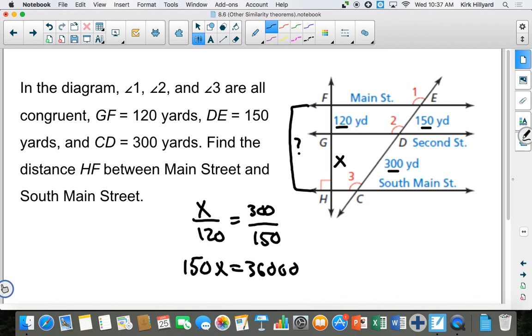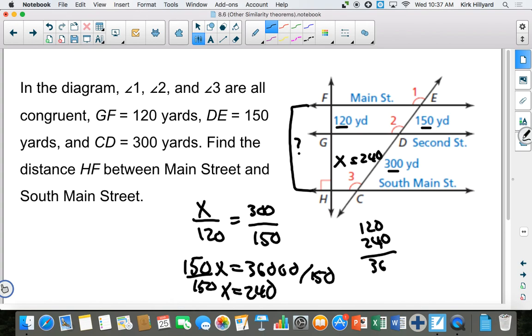Then we get x equals 240 when we divide by 150. So this right here is 240. So they want to know the total length. So we add those two together, 120 plus 240, and we get 360. So HF is going to be equal to 360.